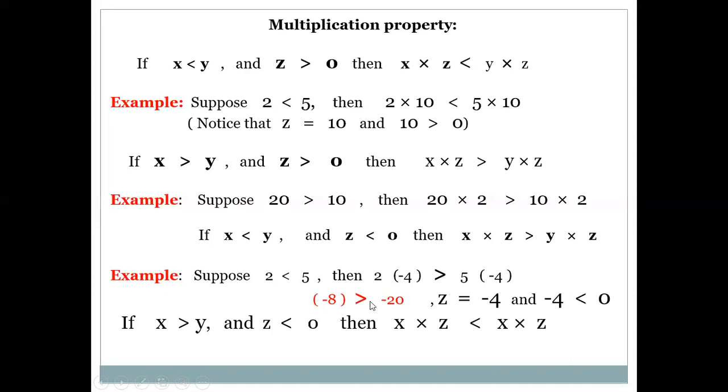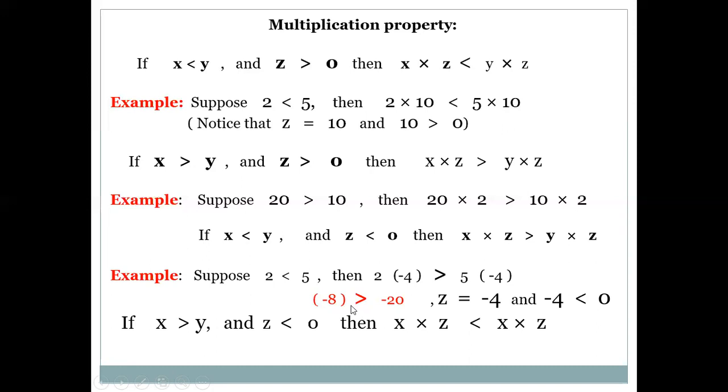If we put the same sign, the less than sign given in the condition, minus 8 is less than minus 20, we find a false sentence. So minus 8 is greater than minus 20.